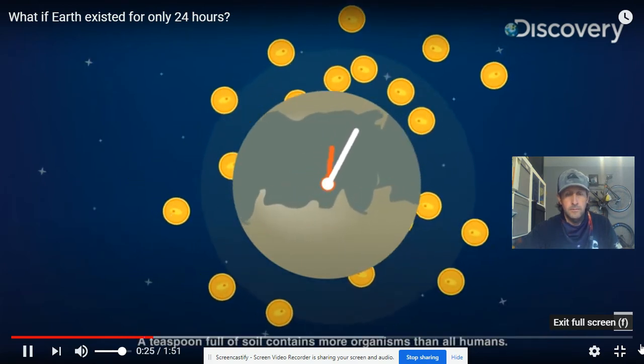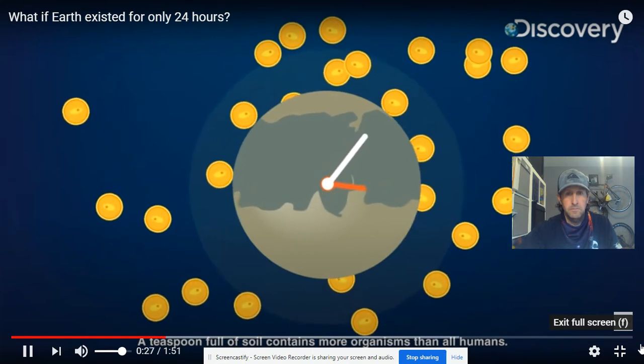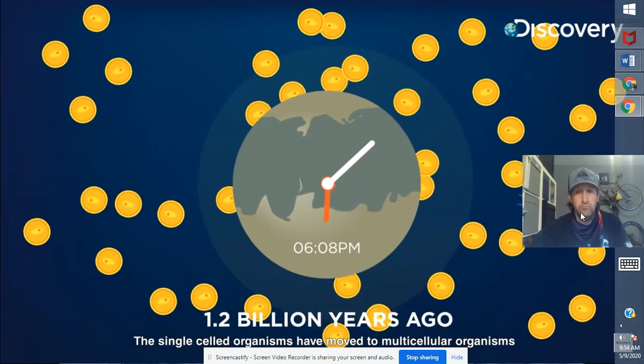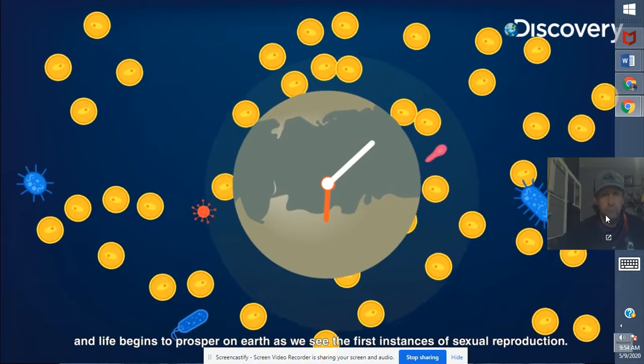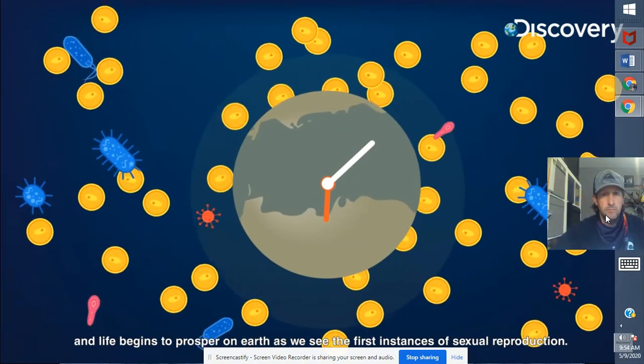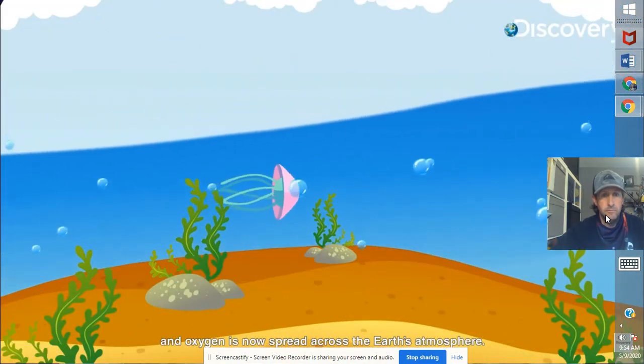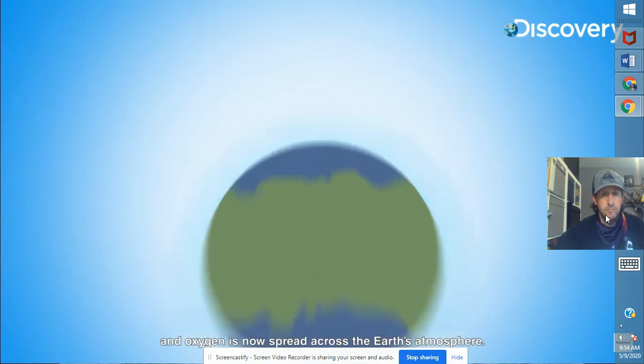A teaspoonful of soil contains more organisms than all humans. The single-celled organisms have moved to multicellular organisms, and life begins to prosper on Earth as we see the first instances of sexual reproduction. Seaweed has started growing, and oxygen is now spread across the Earth's atmosphere.